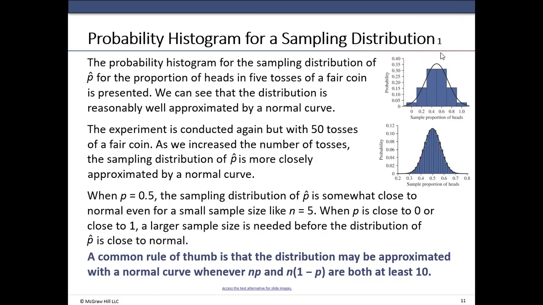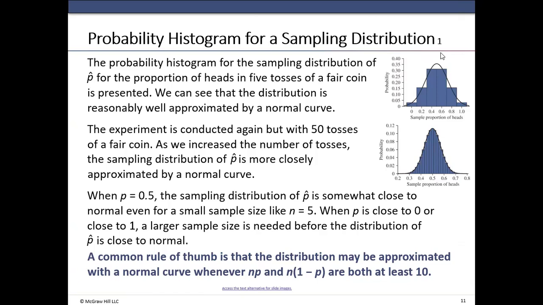On top of each of these groups, we have a vertical rectangle. The height of the rectangle is the relative frequency, or the proportion of the total sample that falls in each group. As I told you before, if you join the tops of these vertical rectangles, you get a bell-shaped histogram. Okay, so this is for 5 tosses.